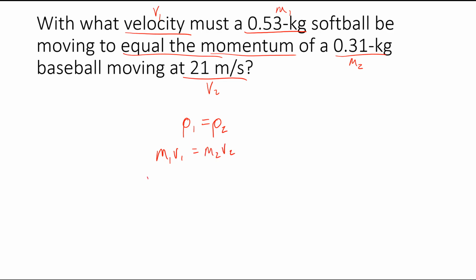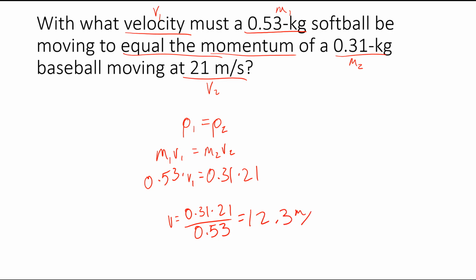So m1 is 0.53 times v1. m2 is 0.31 times 21. And I solve for v1, I get 0.31 times 21 over 0.53, equals 12.3 meters per second. There we go. That's the speed we need for our momenta to be equal.